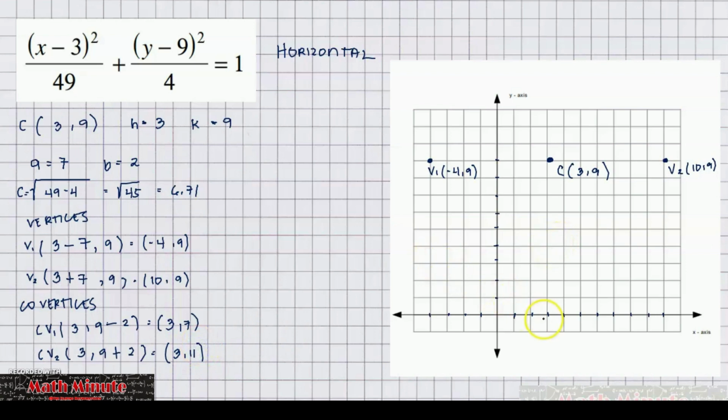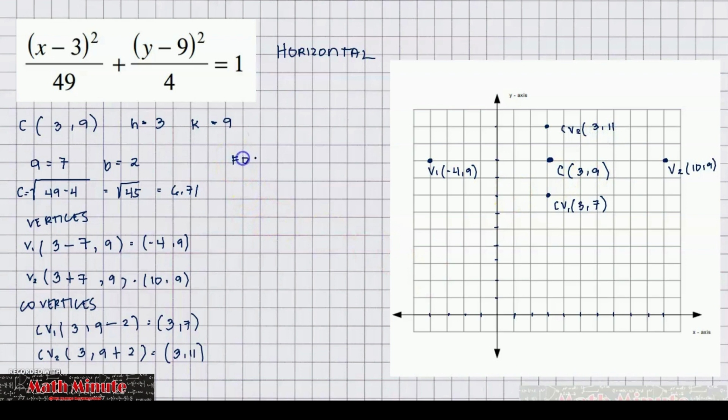So CV sub 1 is 3, positive 7: 1, 2, 3, 4, 5, 6, 7. And CV sub 2, so this is 9, 10, 11. So CV sub 2.